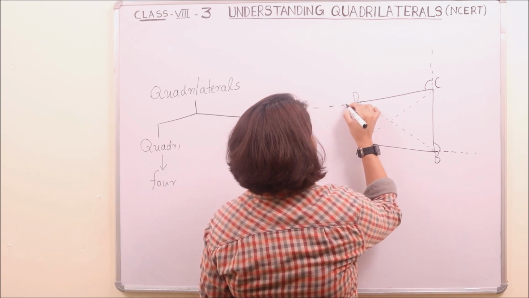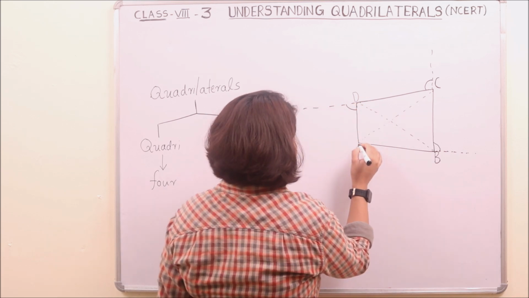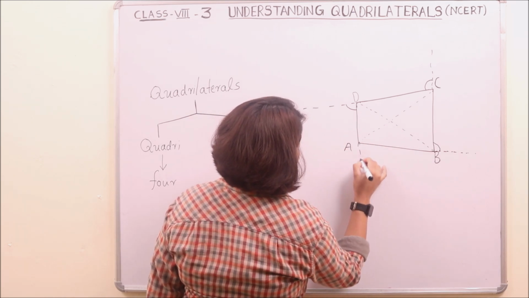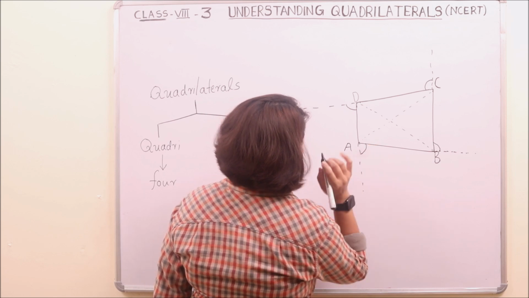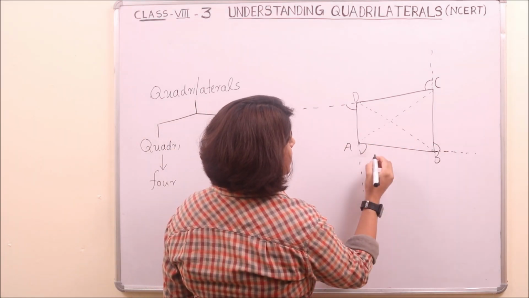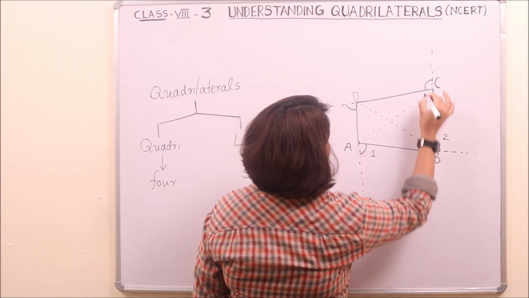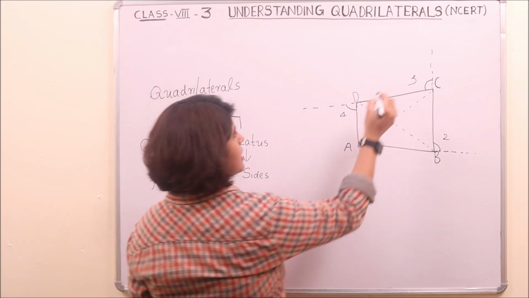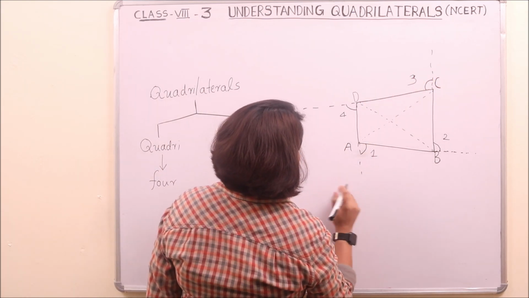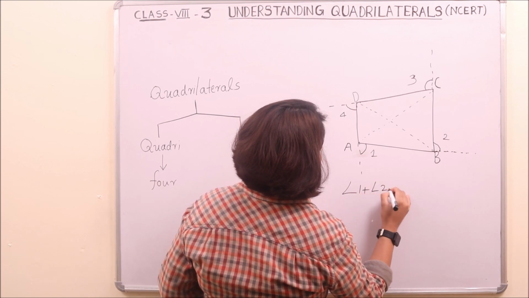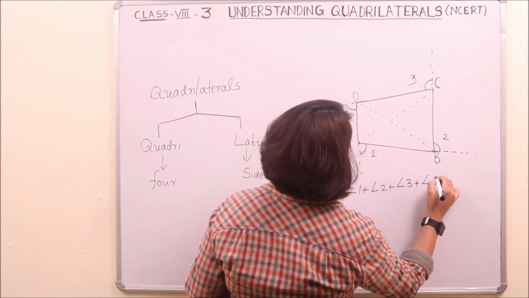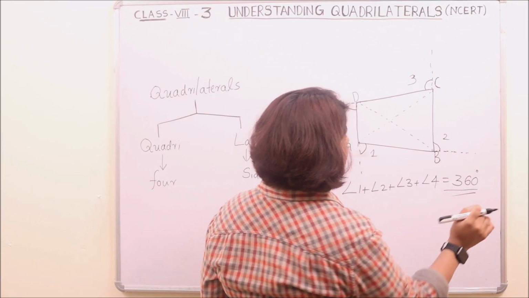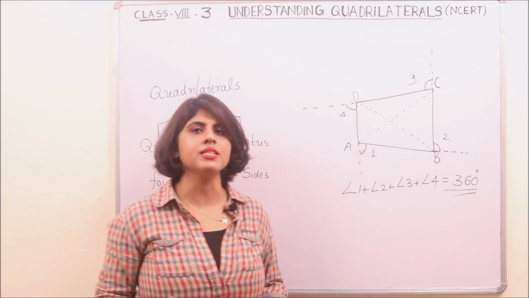If we extend the next side, this is again an exterior angle, and if we extend AD, this again forms an exterior angle. If we name these exterior angles as 1, 2, 3, 4, then by the exterior angle property of a quadrilateral, angle 1 plus angle 2 plus angle 3 plus angle 4 equals 360 degrees. So these are the facts we have seen in the previous videos.